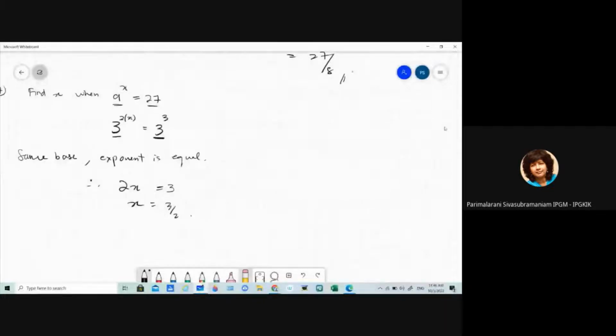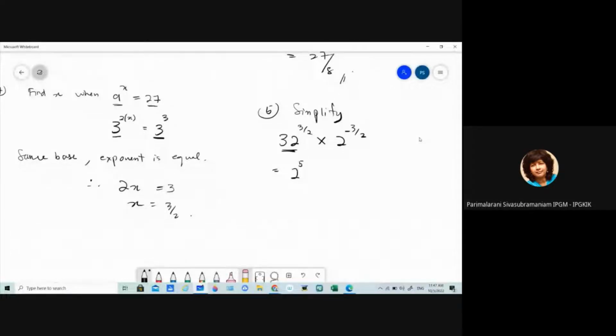Okay, question 5. Simplify this. 32 to the power of 3 over 2 multiplied by 2 to the power of negative 3 over 2. You want to simplify this only, okay? So how do we simplify this? We want to use the laws of exponent, but the base is different. So we want to try and make the base the same. So 32 we know can be written in base 2. So 32 is equivalent to 2 to the power of 5.